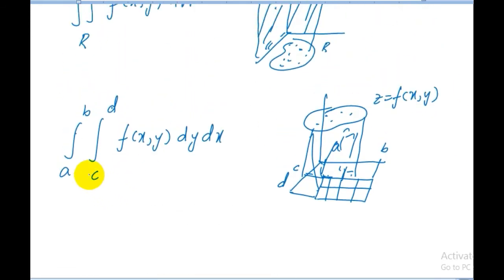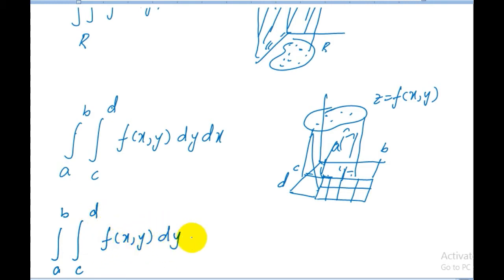Remember, the order of these integrals can be interchanged. We can write the integral a to b, integral c to d f of x y dy dx as integral c to d, integral a to b f of x y.